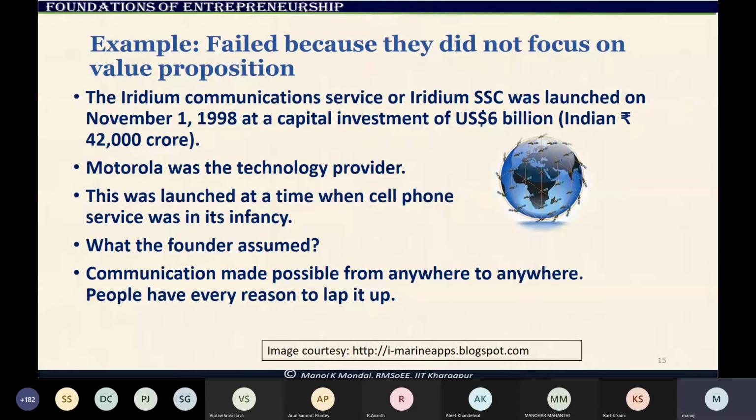But whether customers were ready to pay so much money, or ready to carry such a huge box with them for communicating from anywhere to anywhere, that was not established. So eventually they failed miserably, because they did not do the market research. They did not try to understand whether customers would perceive this as a unique value proposition. So they failed on value proposition.